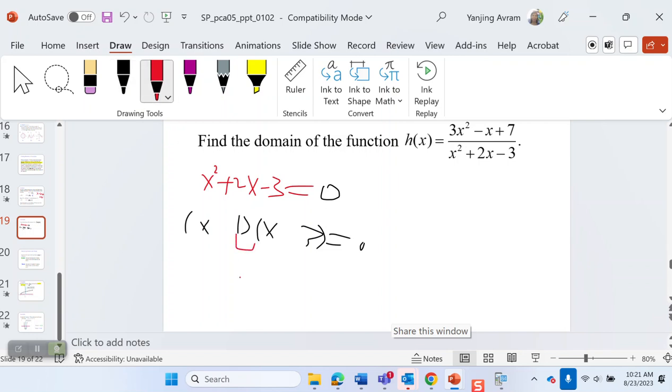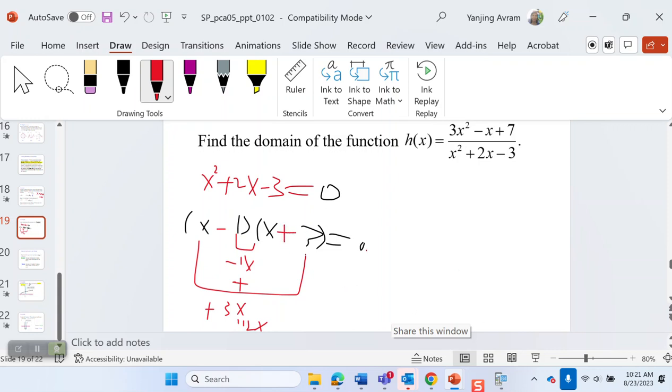So this inner multiply will be positive 1x, right? And then this outer multiply will be 3x, all right? These two added together need to be equal to positive 2x. So this one needs to be positive, this one needs to be negative. So now I know this should be negative, this should be positive, okay?